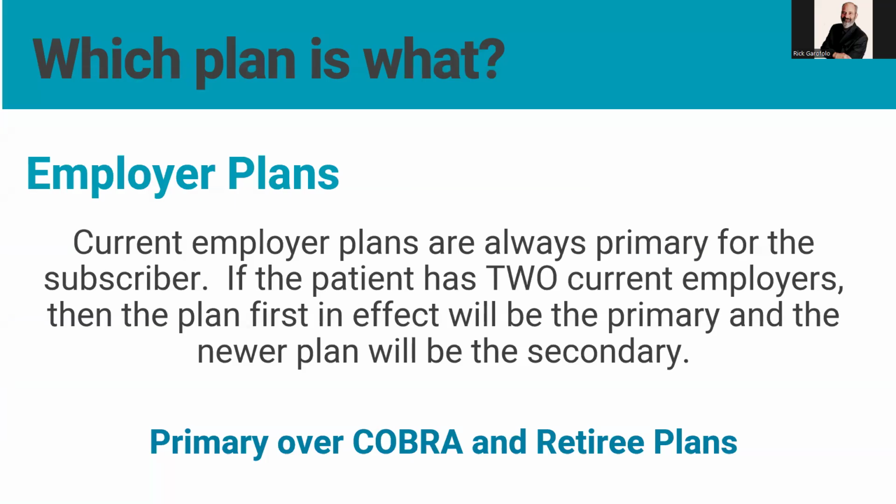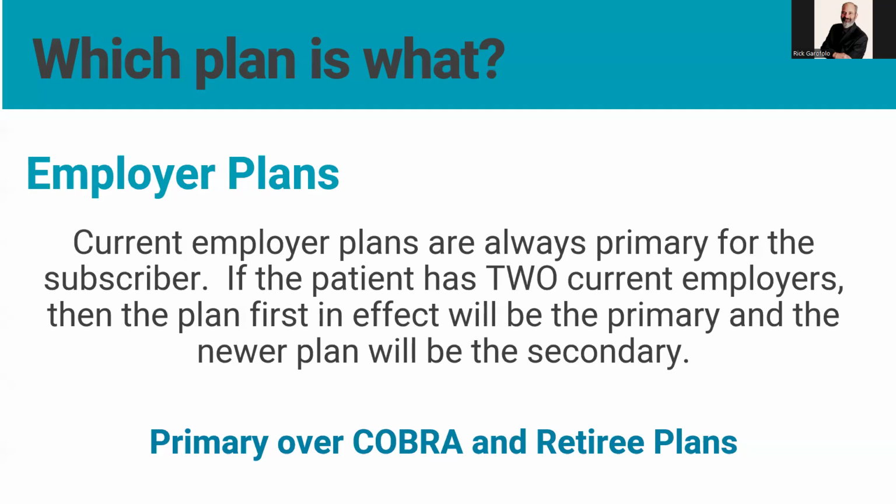But when we're talking about this, remember, current employer plans are always the primary plan for the subscriber. If the patient has two current employers, we have some patients who work part-time for a company. FedEx, for example, is a great example.